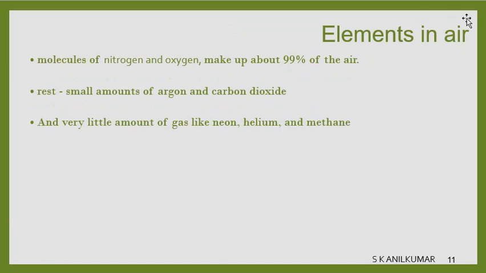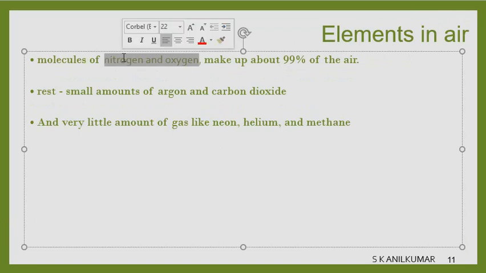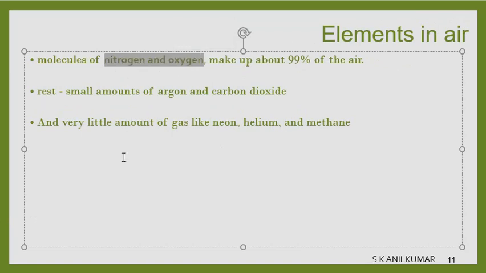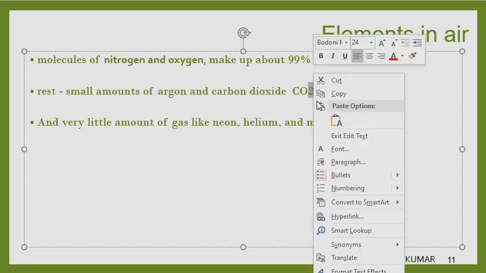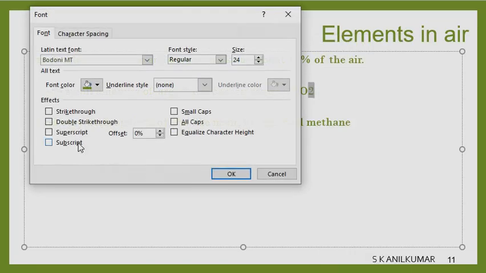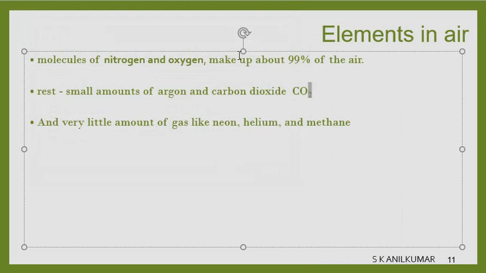Likewise, if you look at air, 99% is nitrogen and oxygen. And then the rest is carbon dioxide. Carbon dioxide is CO2, and we should write the 2 as a subscript, carbon, oxygen. Right? So 99% is nitrogen and oxygen, and carbon dioxide is less than 1%.